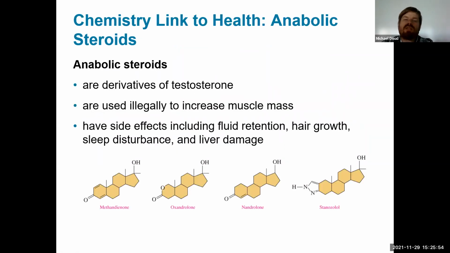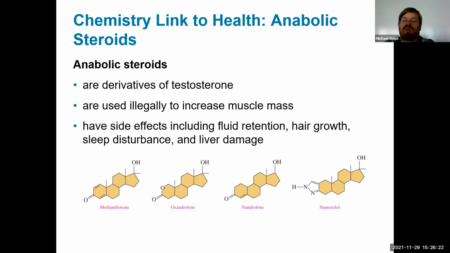Okay, that brings us to the word anabolic steroids. So anabolic steroids are basically testosterone that has been chemically modified in some way. And if they're used properly, they can increase your muscle mass in addition to strenuous exercise, of course. Anabolic steroids do have a lot of downsides, though, because remember, these steroids are signaling a lot of different aspects of our body.